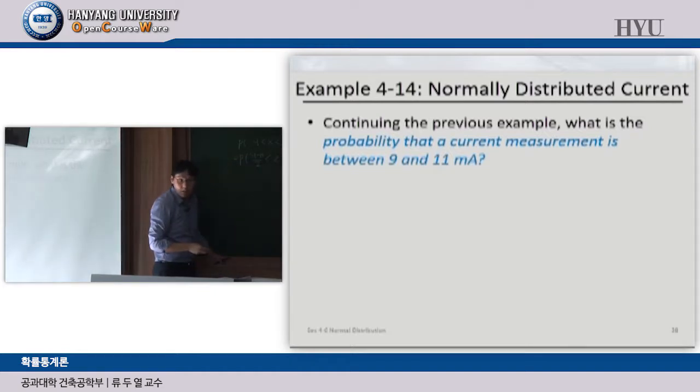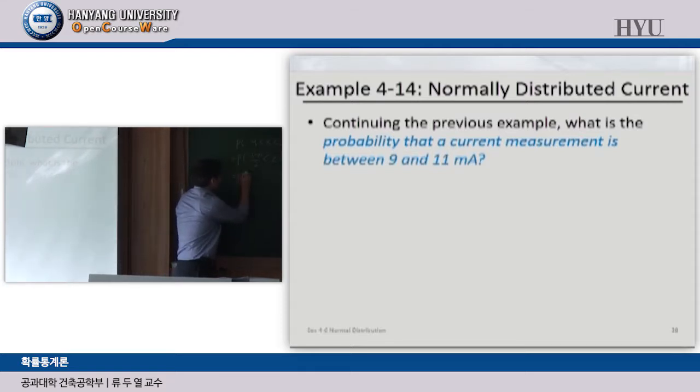This is the probability that Z is between minus 0.5 and plus 0.5, which will be the probability that Z is smaller than 0.5 minus the probability that Z is smaller than minus 0.5.